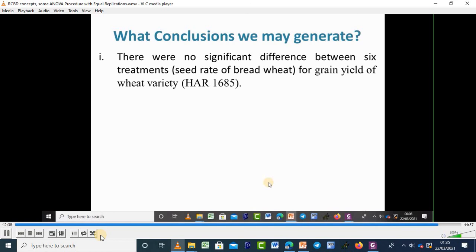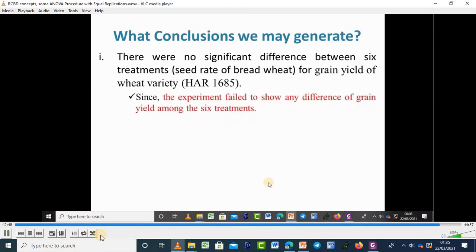The second is that the experiment failed to show any difference for grain yield among the 6 treatments, or six varieties; all of the treatments showed relatively similar grain yield.